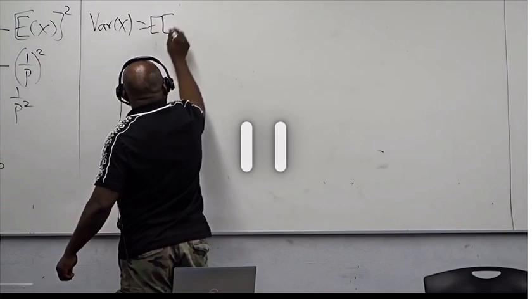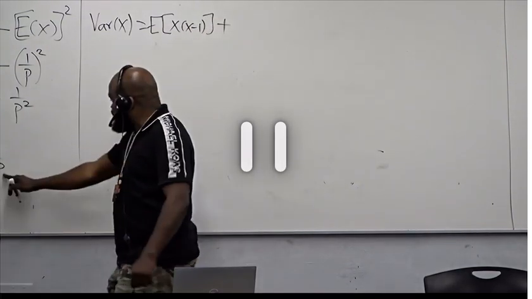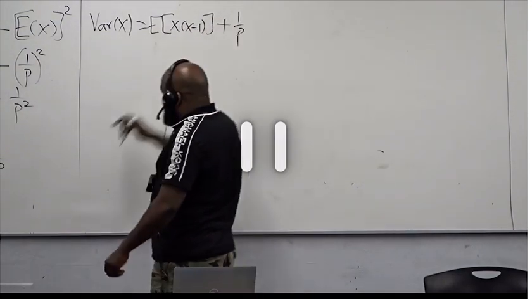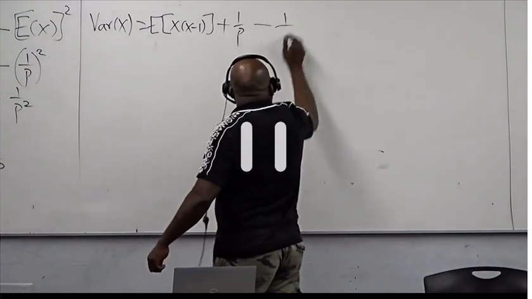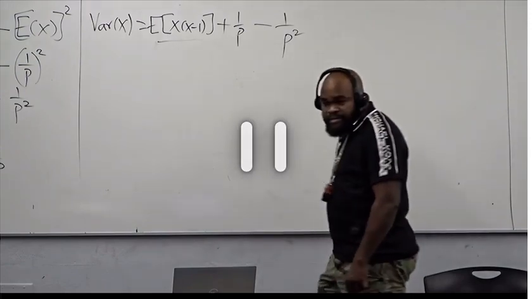Now, the variance of X is the expected value of X squared, the whole of this, expectation of X into X minus 1, plus 1 over P, then minus 1 over P squared. I want to work on this guy now.